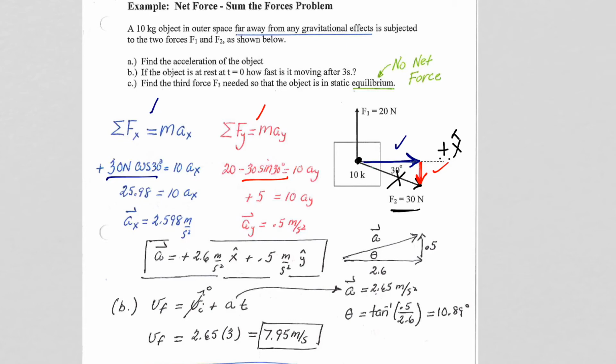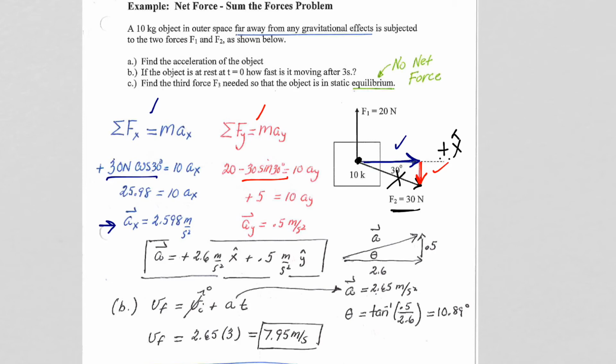So what I'm going to do is just do my sum of the forces in the x direction equals mass times acceleration in the x direction. Notice there's no subscript on the mass. Mass is mass in both directions. And we will see that we get roughly 2.6, but I left a lot of decimal places there, 2.598, 2.6 meters per second squared in the positive x direction.